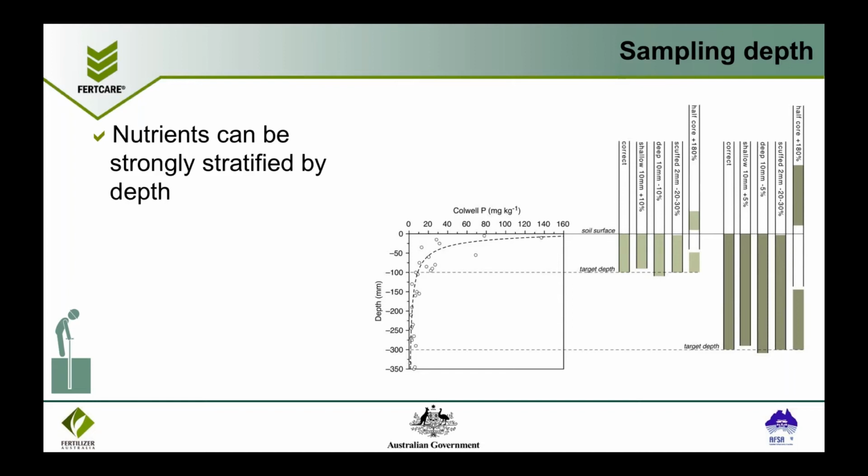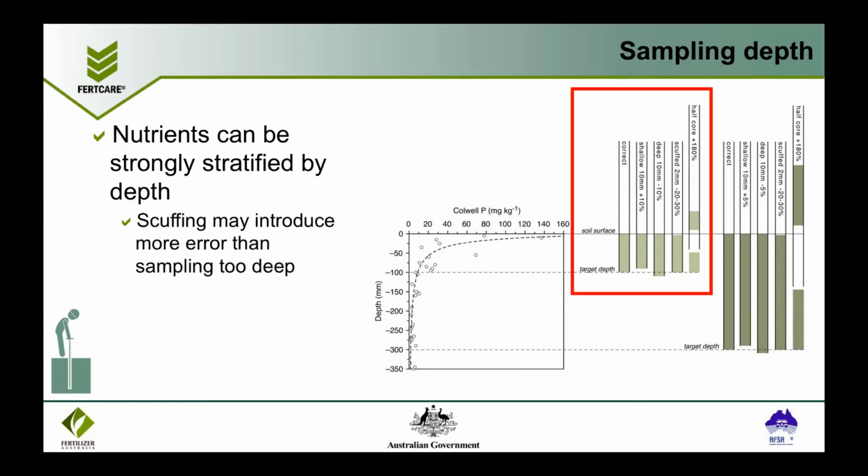So phosphorus might show this sort of behaviour, but potassium and sulphur may increase or decrease or bulge as they go down the profile. And if you're not taking a sample to the correct depth, that can have quite a big influence on the final result that you get in your soil sample, because you're taking a sample that's integrating that variation in nutrients down to the depth that has been specified.